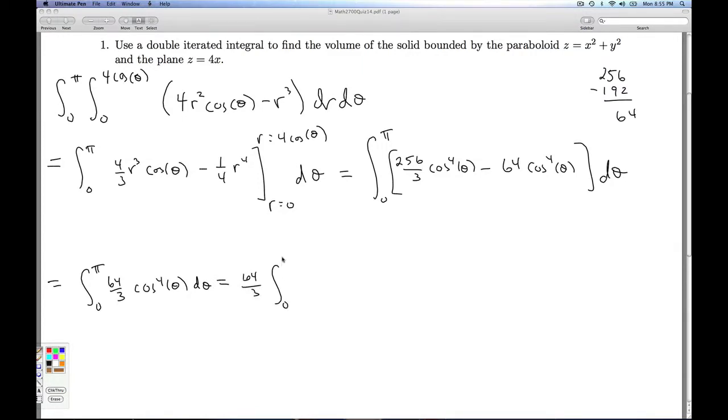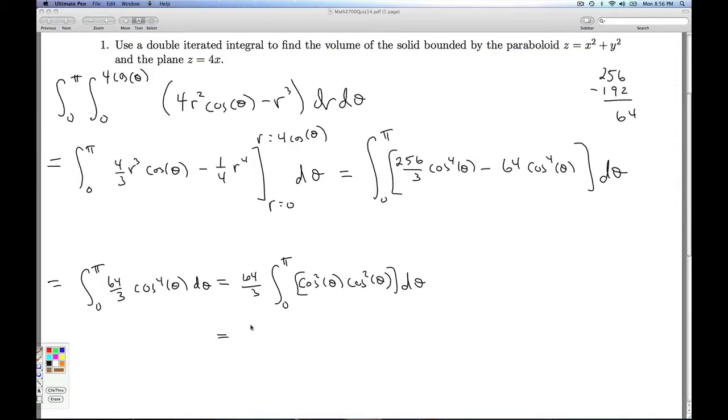That's a constant. And how do we integrate this? We could be fancy and use something like Wallis's formula, if you bother to remember that. Or else we can just break this down. That's cosine squared times cosine squared, and then use power reduction on each of these. So cosine squared, I'm going to have a factor of a half that comes out here, a factor of a half that comes out there.